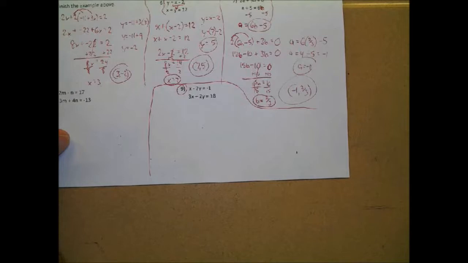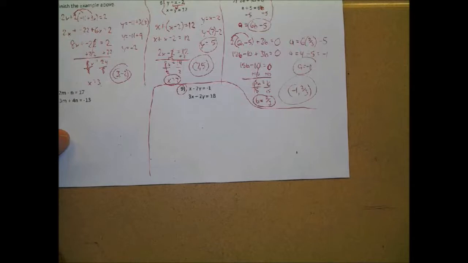Be careful. This is way harder. Two parentheses. All right, so hold on a second. Open it. We added 2y, so be careful. x is equal to 2y minus 1. That's what we're going to sub in.